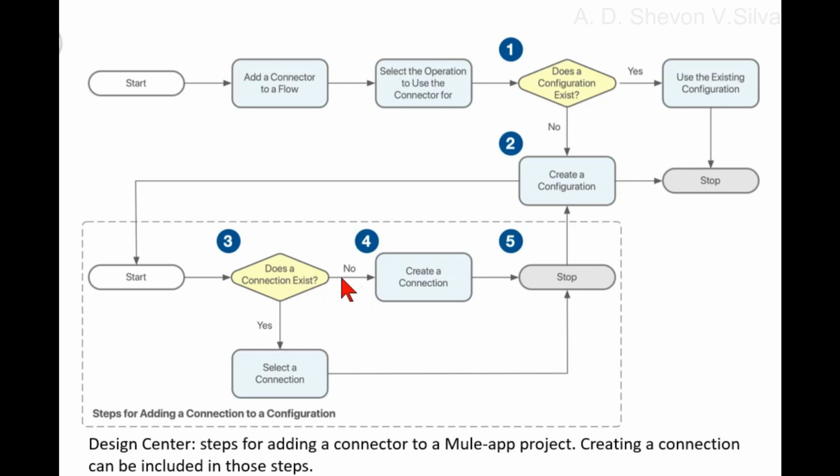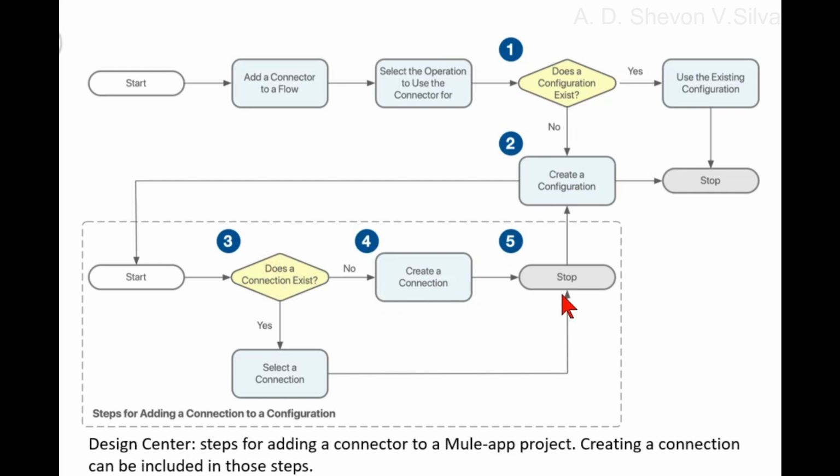For example, if you are adding an instance of a database connector, the flow designer opens the database configuration dialog. This dialog presents a list of connections to databases. If any connections already exist for this type of connector, the dialog also enables you to create a connection to a database.